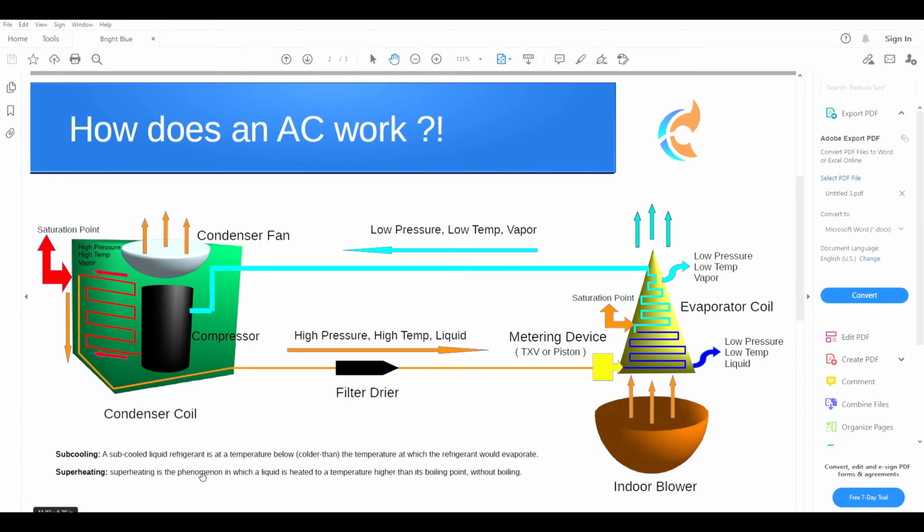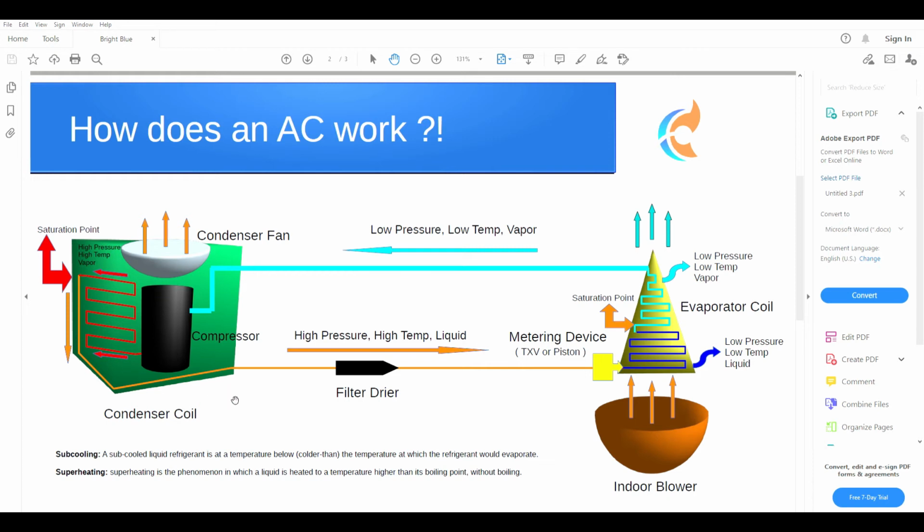Superheating is the phenomenon in which a liquid is heated to a temperature higher than its boiling point without boiling. Very important. I don't want to get too deep into what latent heat and sensible heat are. I can explain that in a different video and go into more detail.